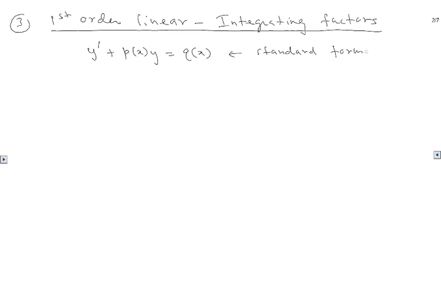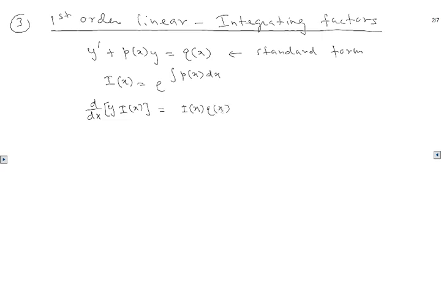And then what we do, we're going to calculate the integrating factor. So that's I(x), which is the integral of p(x) dx. Once you multiply by that, the whole equation automatically becomes, this side is y times the integrating factor, the product of that, and the other side is simply I(x) q(x).